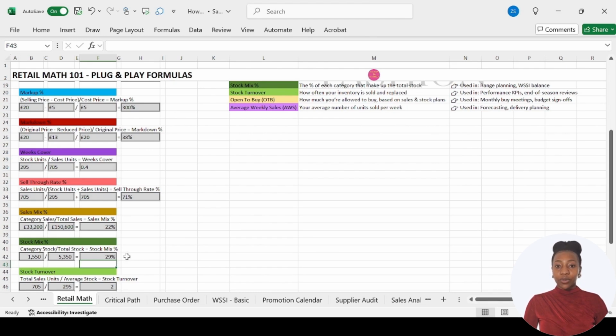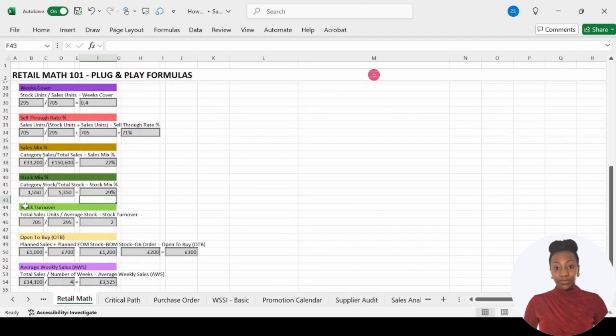So we would use that also in promotions as well, because we'd want to know, okay, do we need to just push this category out and make sure it just goes. But primarily it's in the planning stage that we're looking at this, because you wouldn't plan it to be too imbalanced from the start anyway.